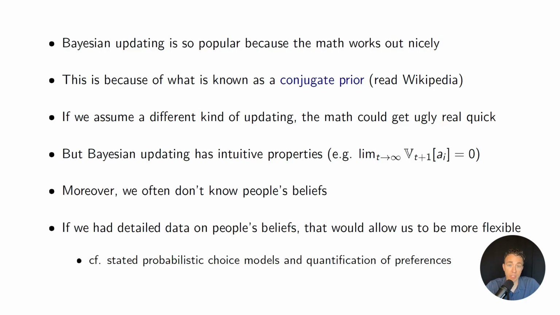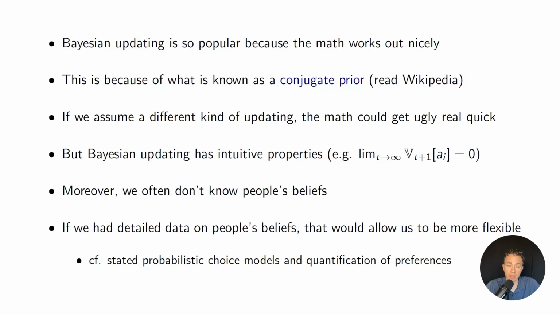So another approach that people have taken, which is related to the stated preference approach, is to actually elicit beliefs in a survey and observe how people update their beliefs as new information arrives, and then use that to test if their belief updating is consistent with the Bayesian framework. So this is very similar to getting preference heterogeneity distributions from a stated preference survey and then comparing that with mixed logit, random coefficients logit estimates of the same setting.